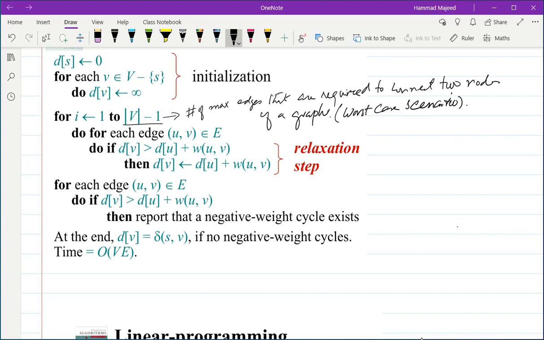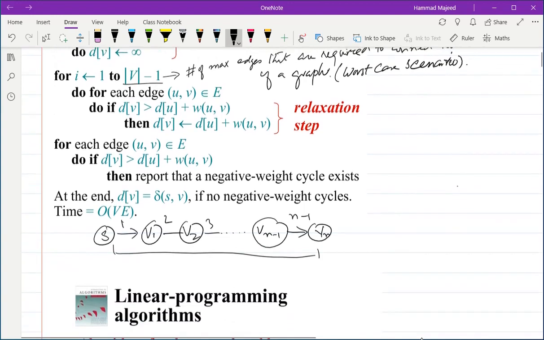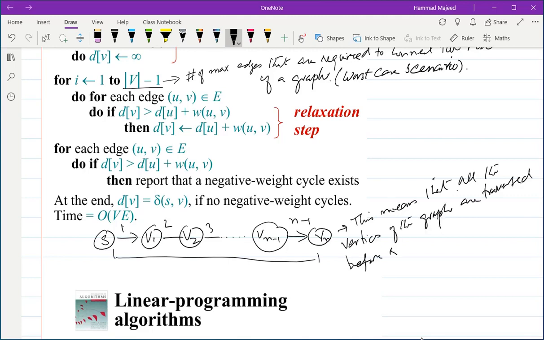Because as I mentioned, if I want to connect S to some other arbitrary node, let's call it Vn, then in this case at most there will be 1, 2, 3, and so on up till n minus 1 edges. This means that all the vertices of the graph are traversed before reaching the destination node.